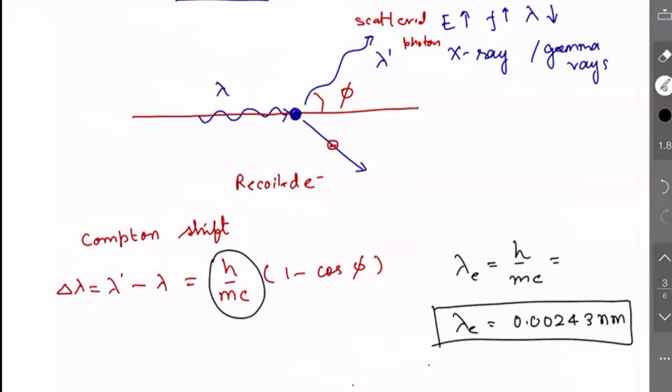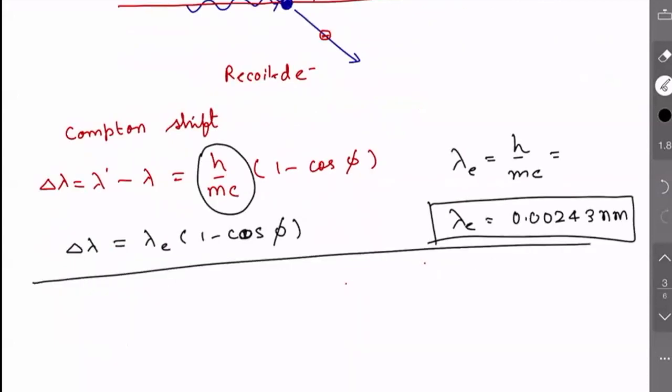So if I rewrite this equation for the Compton shift, I can write it as delta lambda equals lambda e times 1 minus cos phi. Now looking at this expression, tell me what will be the maximum delta lambda that can be produced in any given situation.